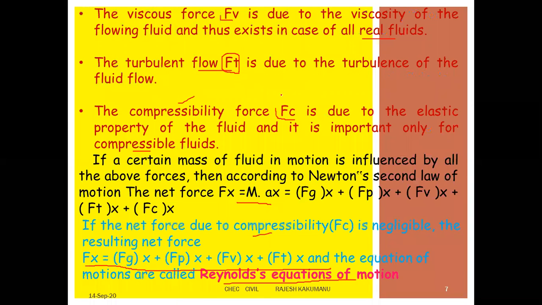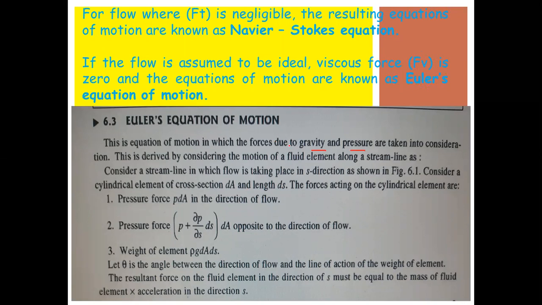So Ft is gone, Fv is gone, and then what remains is gravity and pressure. This is derived by considering the motion of the fluid element along the streamline. Now consider a streamline in which the flow is taken in S direction as shown in the figure.